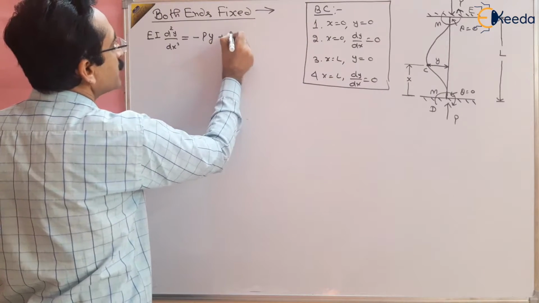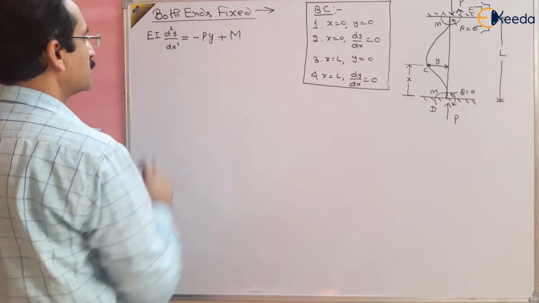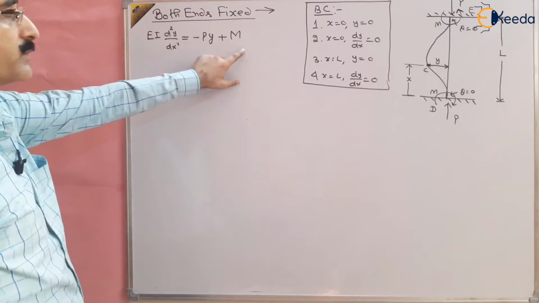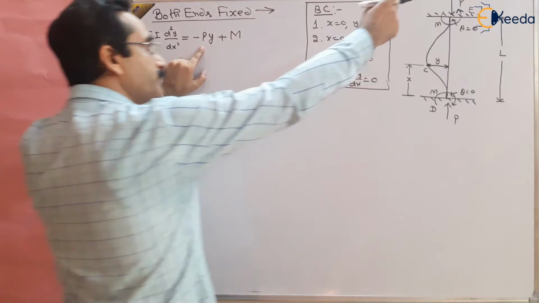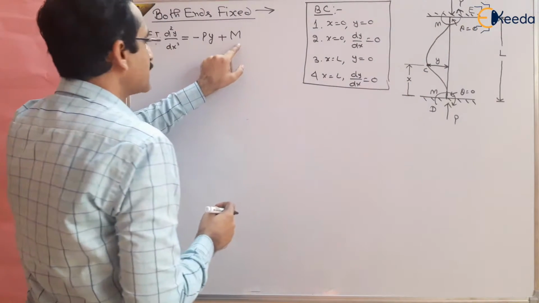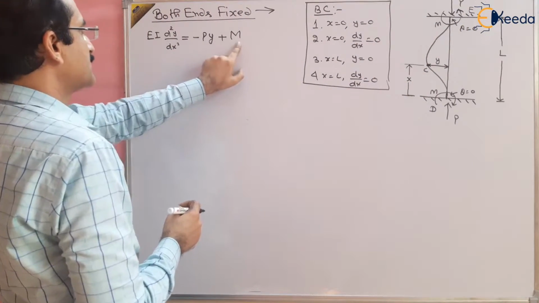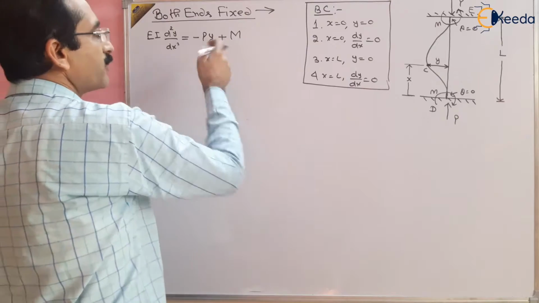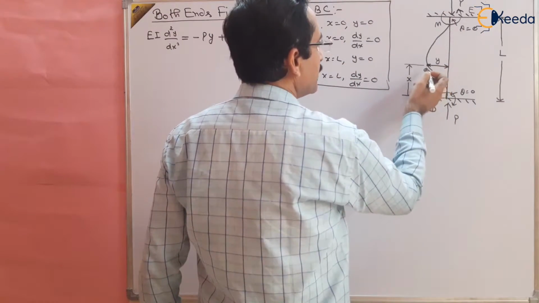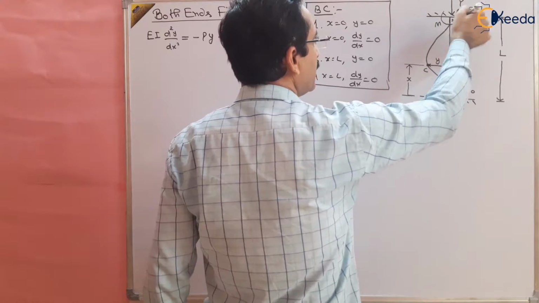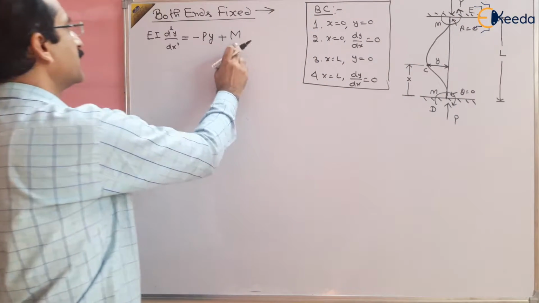So there are two actions basically at the fixed end: one is the applied load P, and one is the resisting bending moment M. This is clockwise, and we take clockwise on the left side as negative, so anti-clockwise should be positive, that's why we have taken it positive, right?